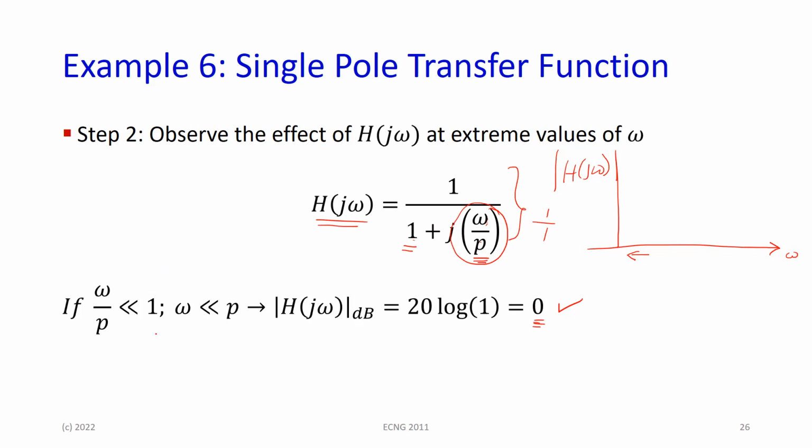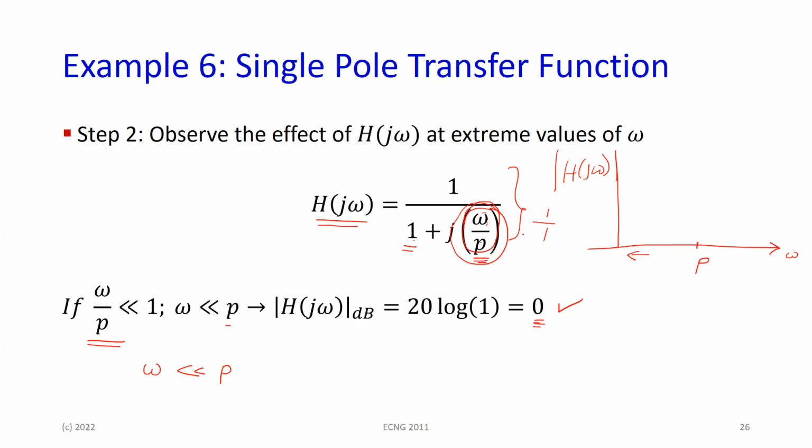Omega over p much less than 1 basically means that omega is much less than p. If I'm saying that this bit here is much less than 1, then just cross multiplying the inequality a little bit, what I'm saying is that omega is much less than p. So whatever p is, remember we're dealing with frequency, let's call this point p here.